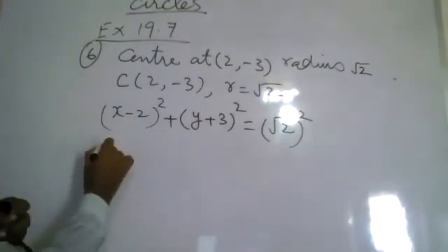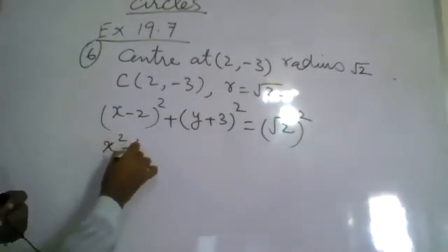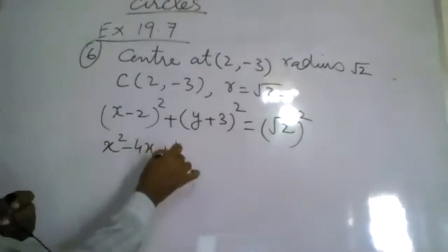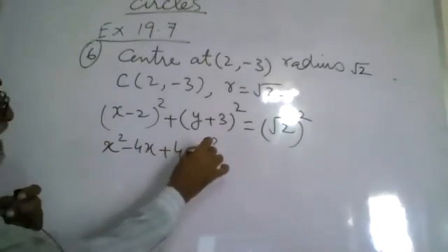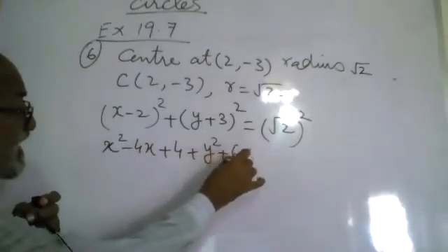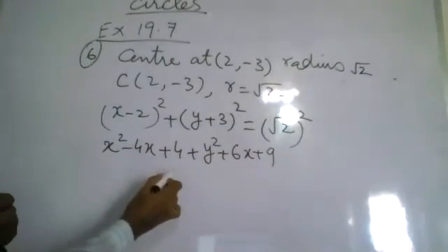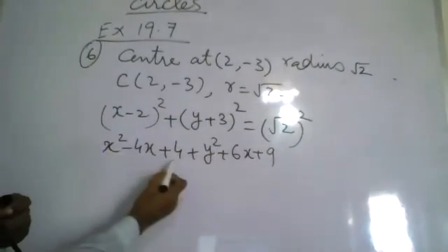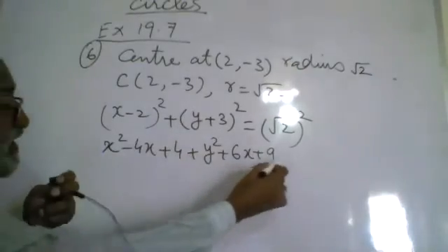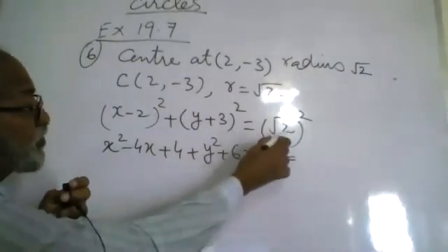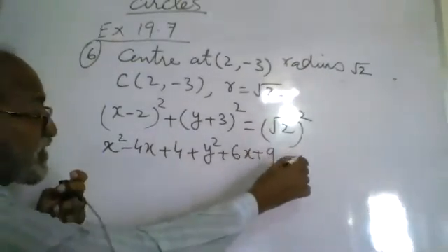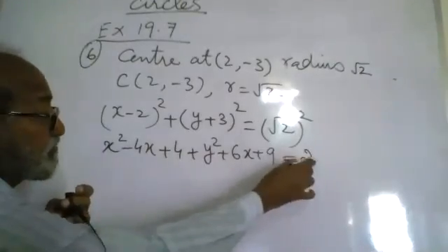Open the bracket: x square minus 4x plus 4 plus y square plus 6y plus 9. We use the a minus b whole square and a plus b whole square formulas over there, equal to under root 2 whole square. Under root is cancelled by square, it is 2 only.